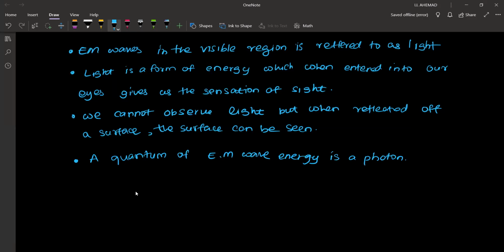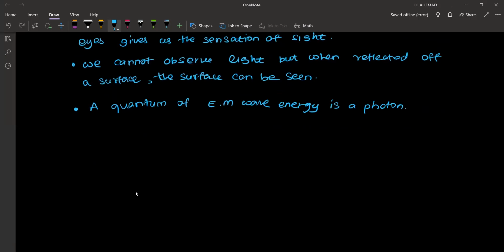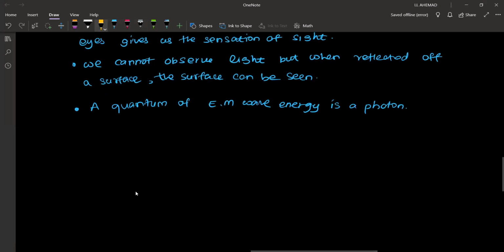You might have got an idea about quantization, right? In chemistry, I hope. So quantization means we take a certain physical quantity and get its fundamental unit, a fundamental amount. You cannot further divide it. So that is the smallest unit. For an electromagnetic wave, the smallest unit is a single photon.